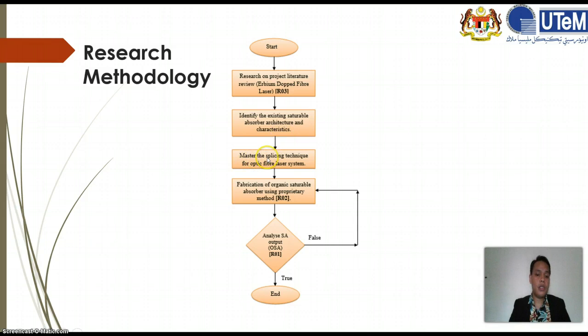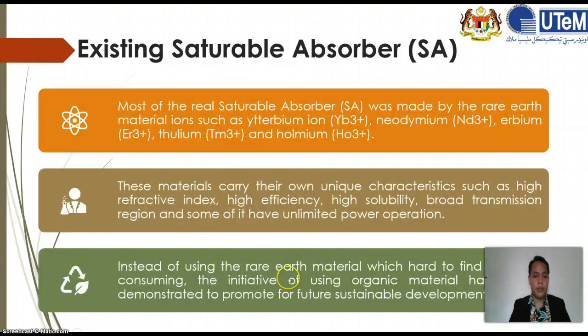Next, I have to master the splicing technique for the optic fiber laser system or cavity. Then the next step is to fabricate the organic SA, which is the SA from the plant leaf, using a proprietary method. After I get the film, I will analyze it using an optical spectrum analyzer and oscilloscope. When I get the desired output, the research is done.